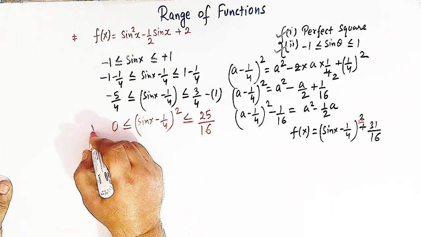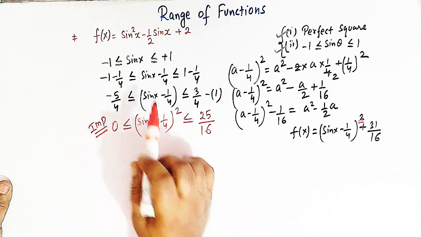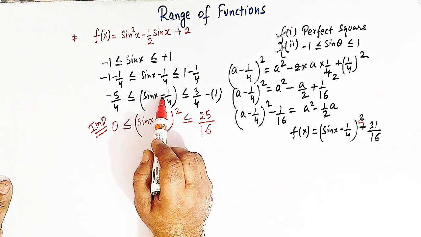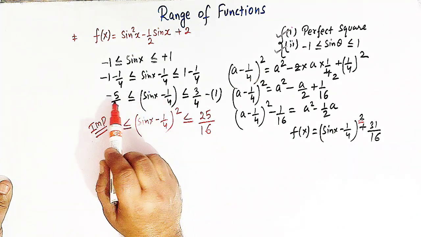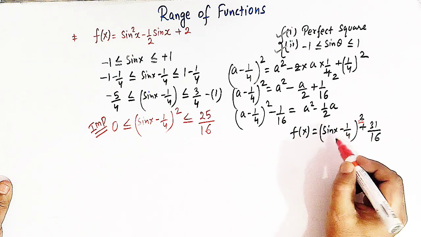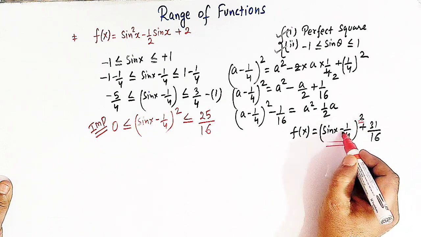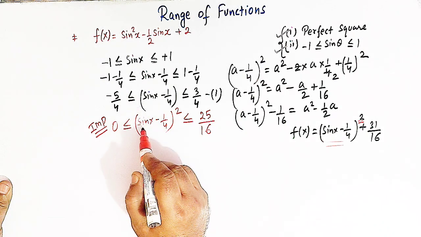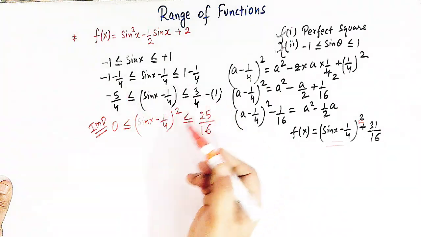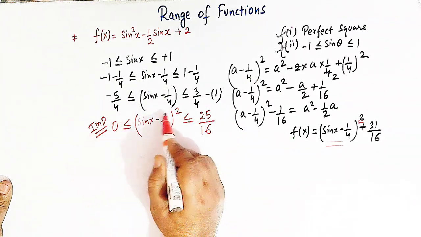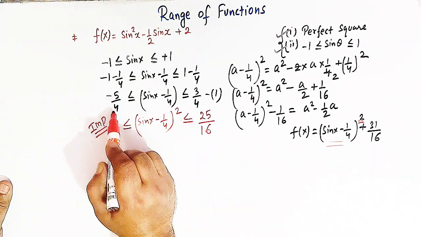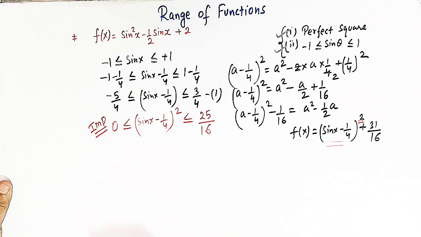This is an important step in finding the range of this function. We have the inequality that sine x minus 1 over 4 is greater than or equal to minus 5 by 4, but less than or equal to 3 by 4. But here we need the square of sine x minus 1 over 4. So the square term is always greater than or equal to 0, because it is positive, but it is less than or equal to the square of minus 5 by 4, that is 25 over 16.